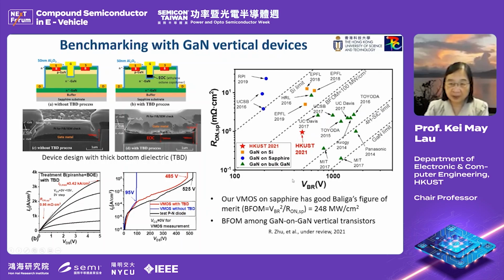And so we think that this technology is very promising. The figure of merit, the Baliga figure of merit, is very high. And so we will continue to pursue this technology on different substrates.